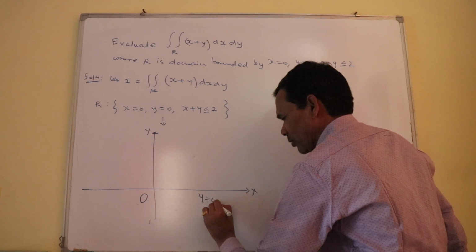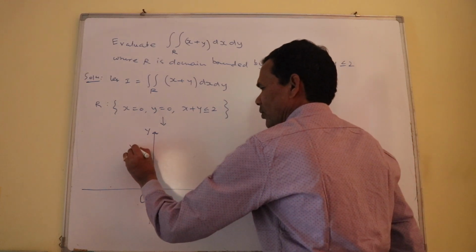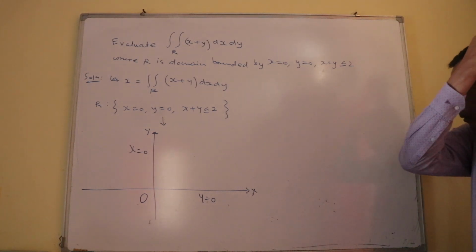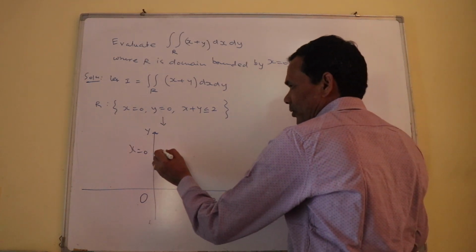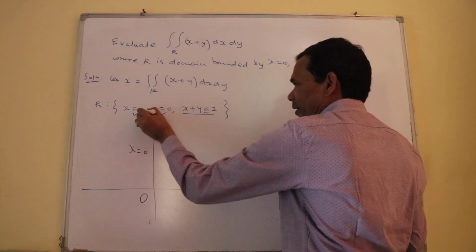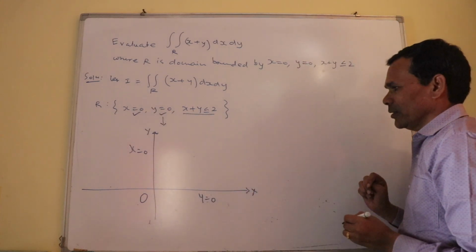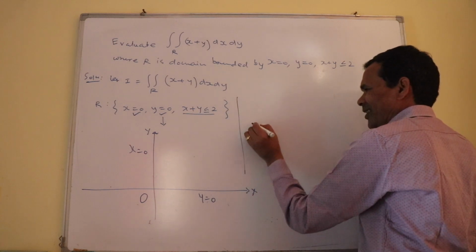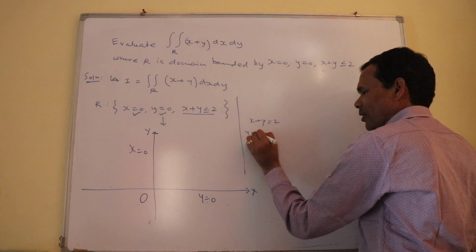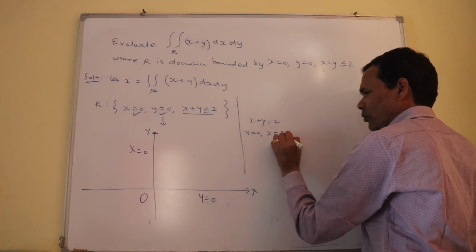X-axis means y is equal to 0, y-axis means x is equal to 0, and it is this line. So this is located, x plus y is equal to 2. Now this line x plus y is equal to 2: for y is equal to 0, x is equal to 2.